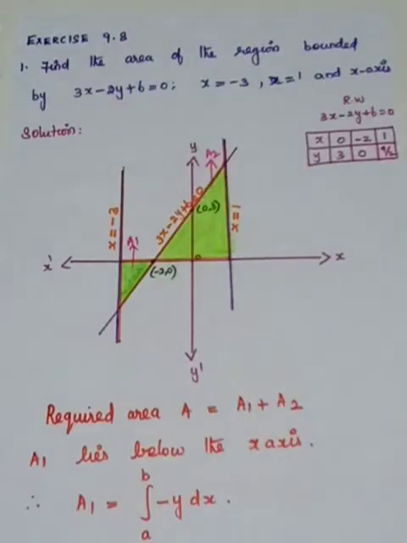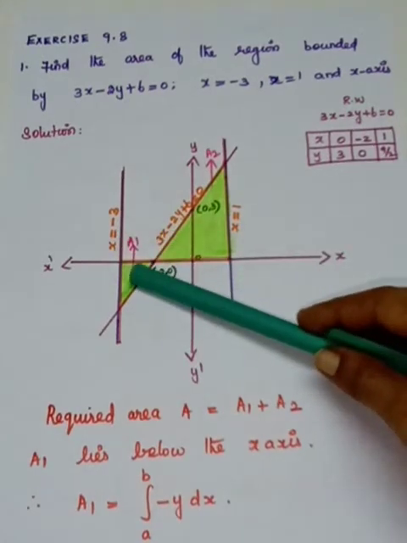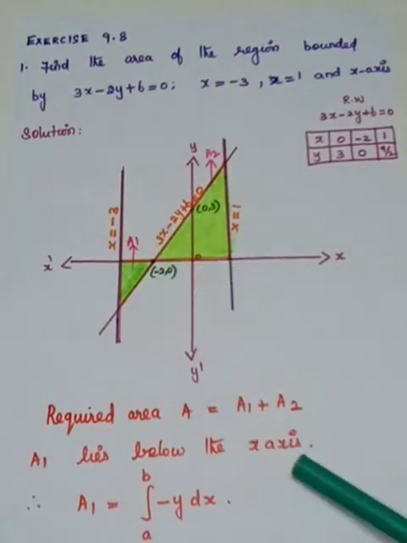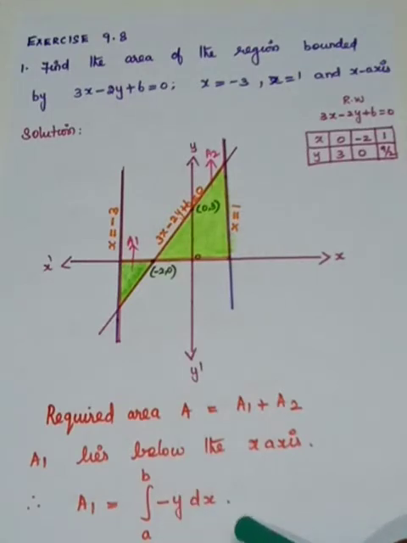So if the limits are in x, you have to choose the x-axis. If the x-axis is chosen, you have to see that one area, that is A1, is below the x-axis. If it is below the x-axis, how to write the formula? Integral a to b of minus y dx.